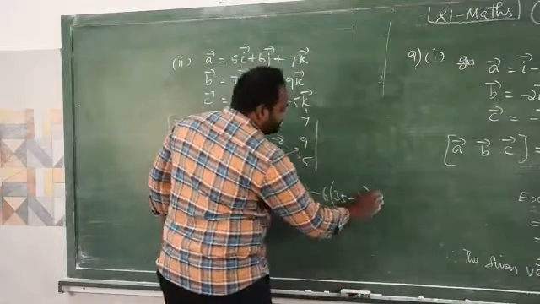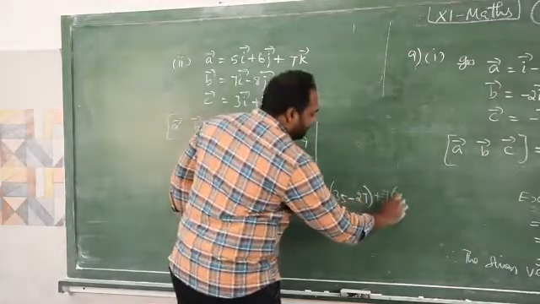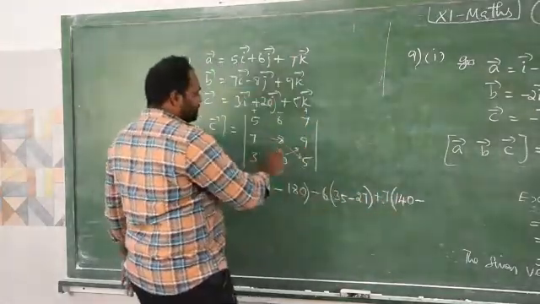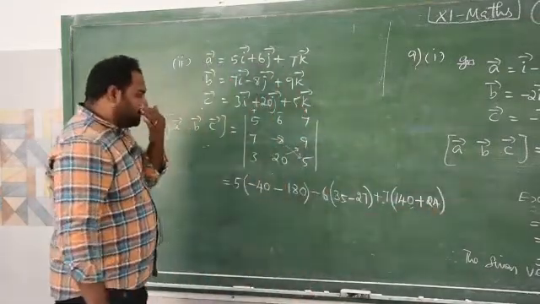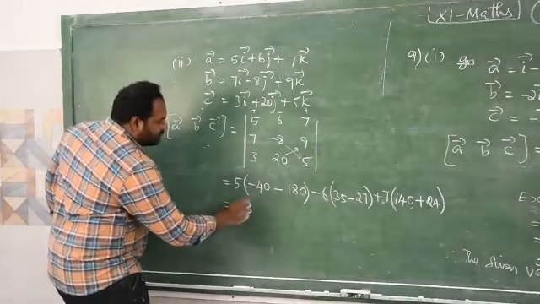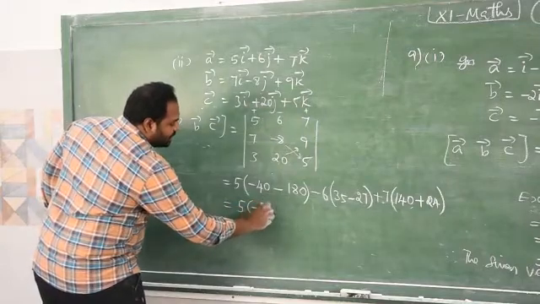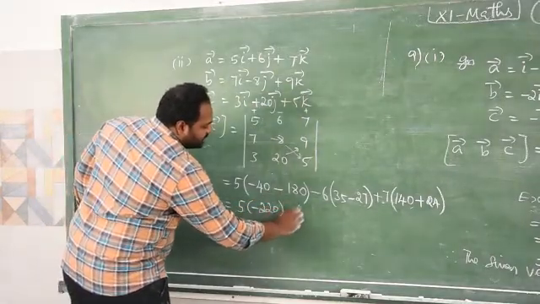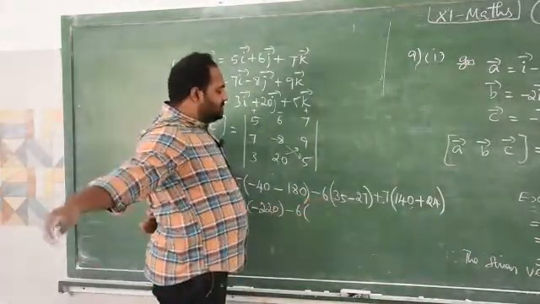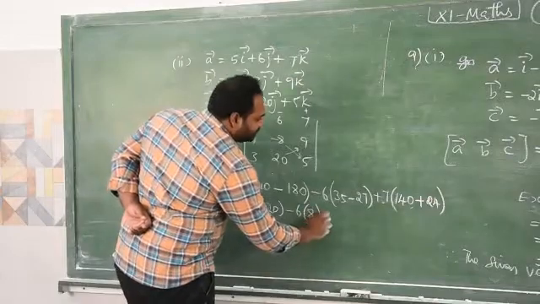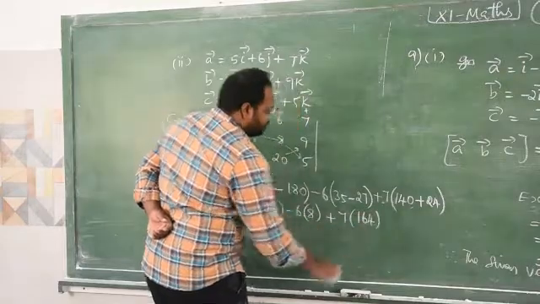Next plus 7 into, eliminate this column and row, 140 minus, plus 24, minus 24 will come, minus multiplied with minus gives plus 24. So okay, now 220: 5 into minus 220, minus 6 into, here it is 35 minus 27, it is 8, plus 7 into 164.